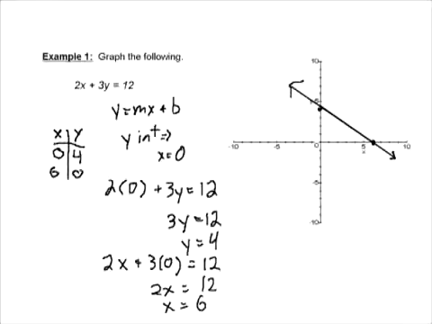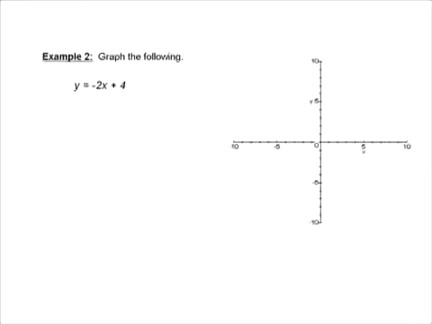So we're going to graph another type of line. Now this line, as you can see, is already in the form of y equals mx plus b. This is where we get very, very happy because we can just go straight to the graph. We know that the slope is -2. We know that the intercept is 4. We can just put those points on the graph.